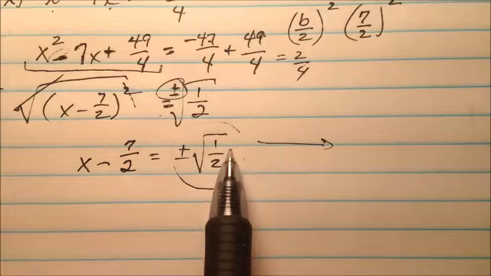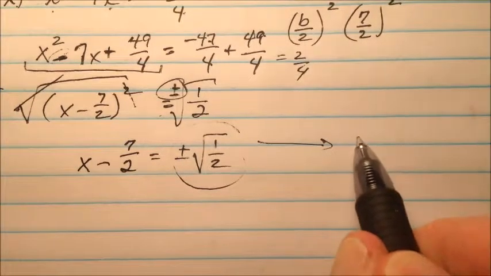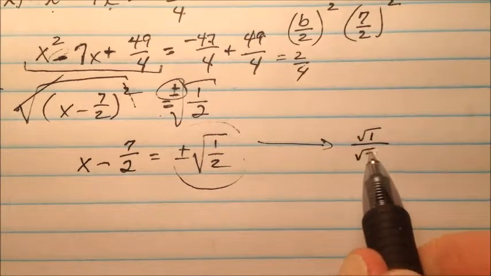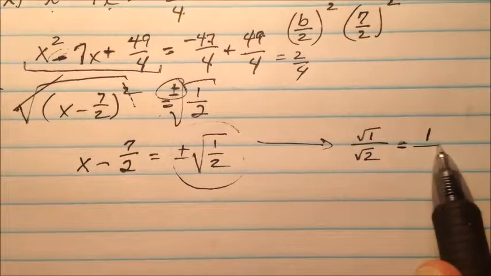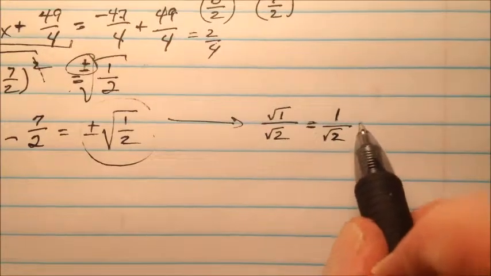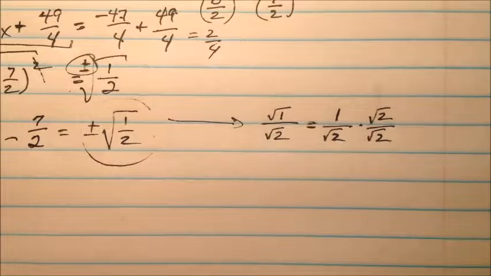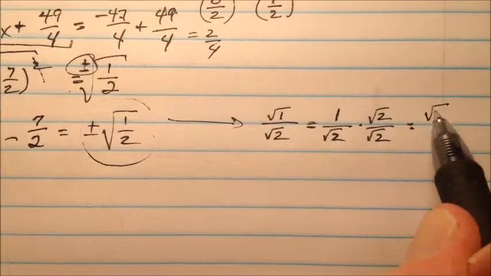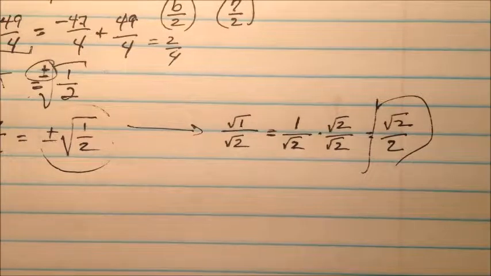Kind of take a closer examination, if you will. So the square root of a fraction, remember, is the square root of the numerator over the square root of the denominator. Well, the square root of 1 is 1 over radical 2, but we have to rationalize this denominator, so we're going to multiply the top and bottom by radical 2. So we're going to get radical 2 over 2 whenever we simplify that.